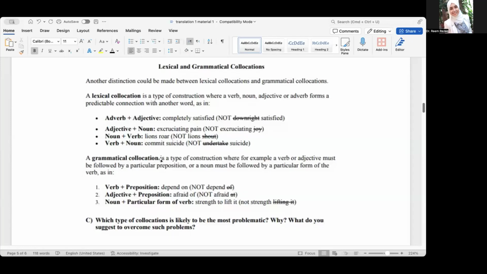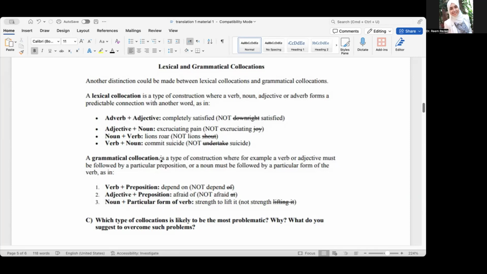Grammatical collocation is a type of construction where, for example, a verb or adjective must be followed by a particular preposition, and or a noun must be followed by a particular form of the verb. As in, for example, verb with a preposition. You can say, for example, depend on, not depend of. Okay? يعني يعتمد على, you can't say depend of.